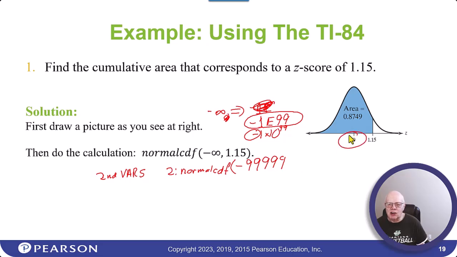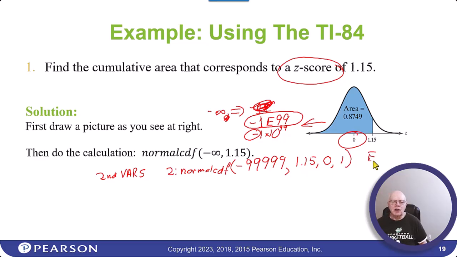So if you look at this curve, negative 9999 would be several miles in the left-hand direction. So we're good. And then we'll put the other numbers in. We want it to stop at 1.15. Because this is z-score, we put 0 and 1. And then you're ready to hit the enter key and you'll get your answer.